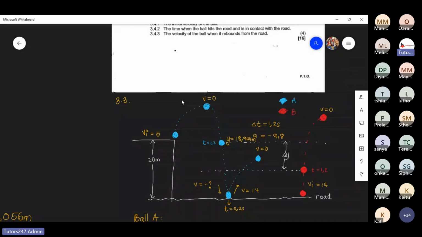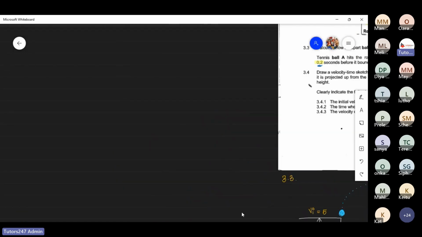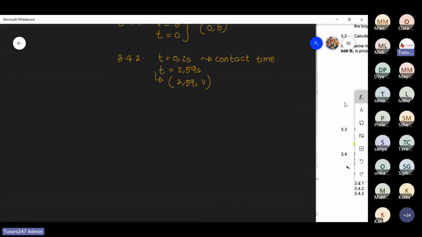We said up positive, down negative. So we know that velocity at 2.59 seconds is going to be a negative velocity. Why is that important? It's because we're drawing a graph. Keep in mind a graph has both positive and negative values. So that is 3.4.2.